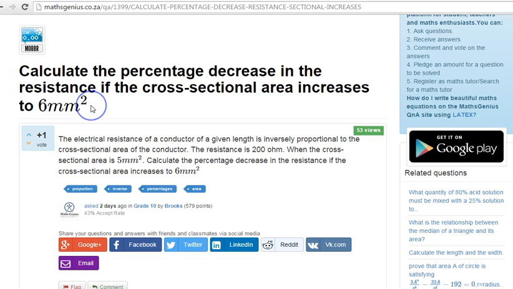So this is a typical word problem where you have to understand what's going on. You know the 4 steps of problem solving: understand the problem. After understanding the problem, devise a plan. And the plan in maths is to know which formula can I use based on the information I'm given. So here we have to know what the relationship between area and resistance is, for us to have full context of what we're talking about.